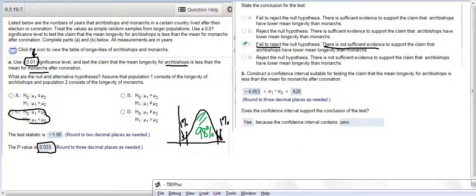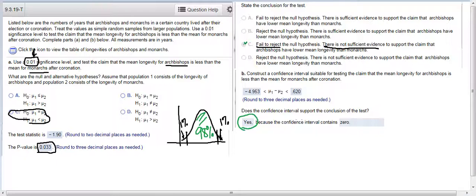It asks, does the confidence interval support the conclusion of the test? The answer is yes, because the confidence interval contains 0. In other words, the difference between the longevity of an archbishop and a monarch could possibly be 0. As we got from our p-value, that's a really low p-value.